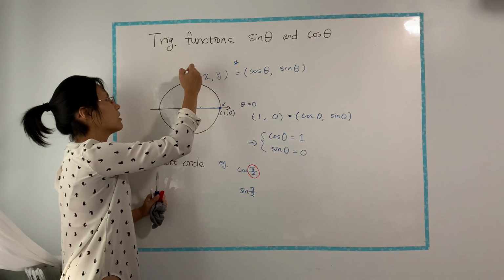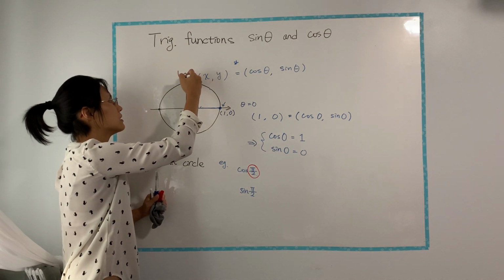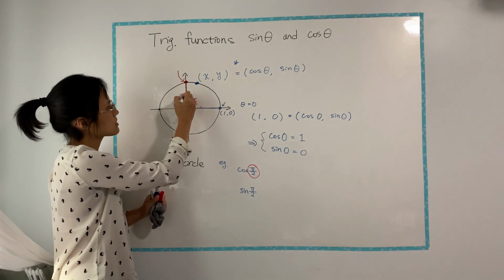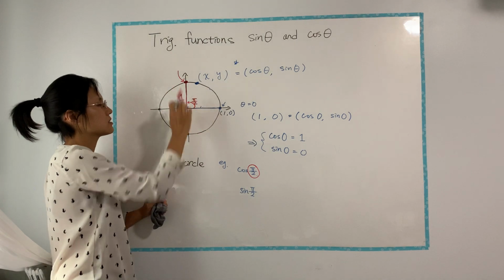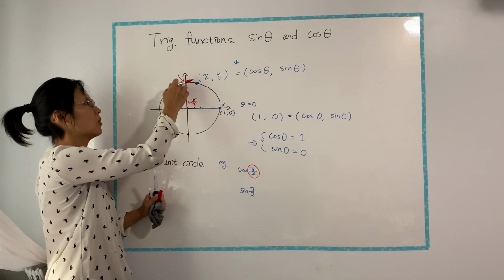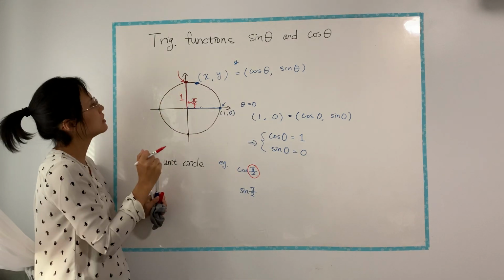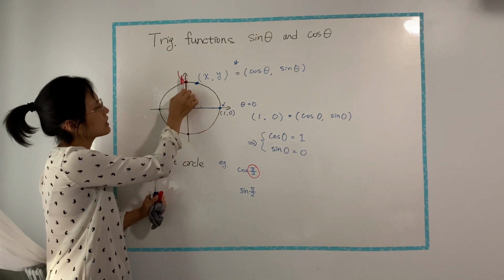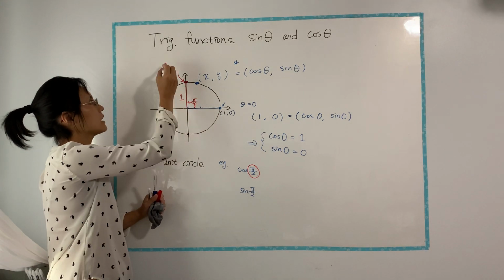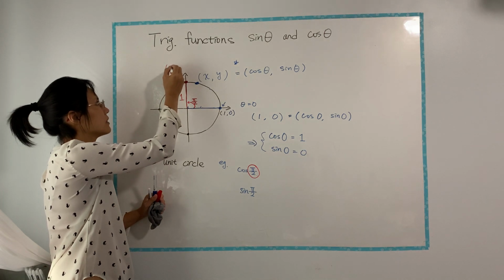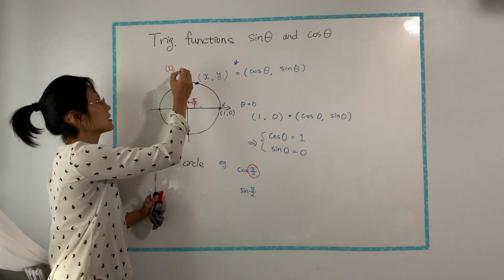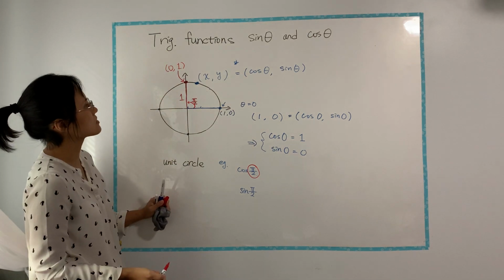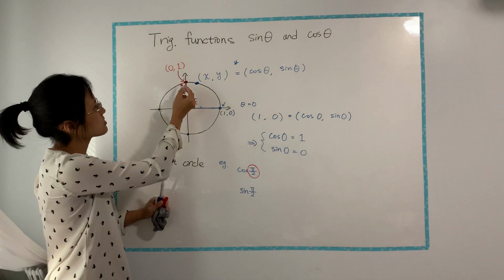Now, if I go ahead and read the coordinates of this point, remember this is a unit circle, the radius is equal to 1. What is the coordinate for this? So you see it is sitting right on the y-axis. So it's 0 in the x and it's 1 unit up in the y direction. So that is the coordinates for the point 0, 1.